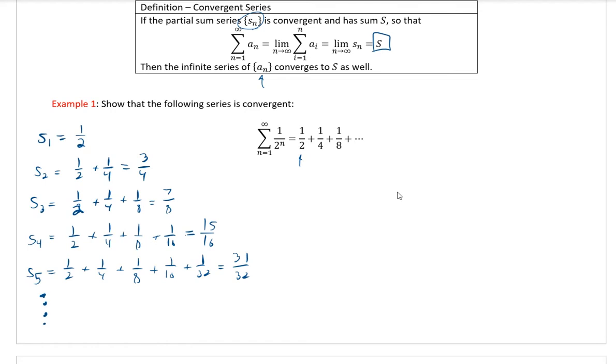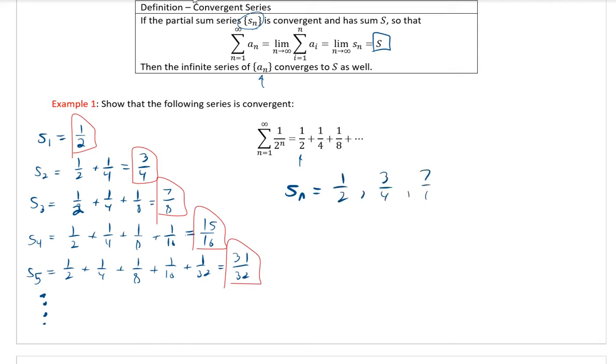But what I'm noticing is that if I look at the sequence of my sums, I have 1/2, 3/4, 7/8, 15 out of 16, 31 out of 32.